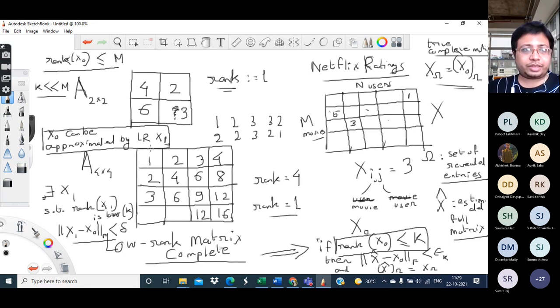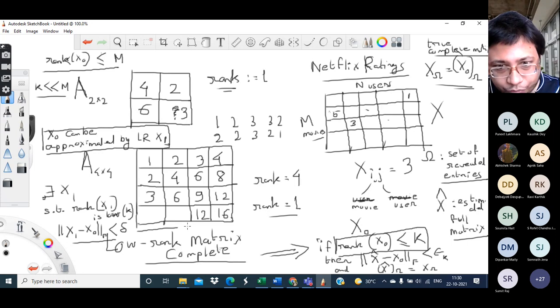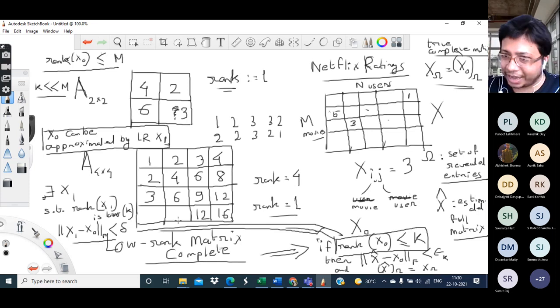So if X0 can be approximated by the low rank matrix X1, and this delta is basically the error of approximation, then I can make a corollary to this result. This result is true for those X0s which have low rank. Here I am saying those matrices which are close to a low rank matrix.